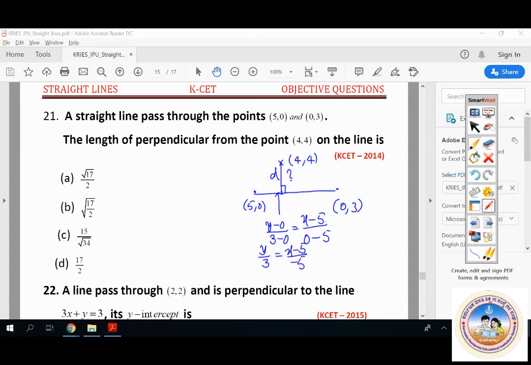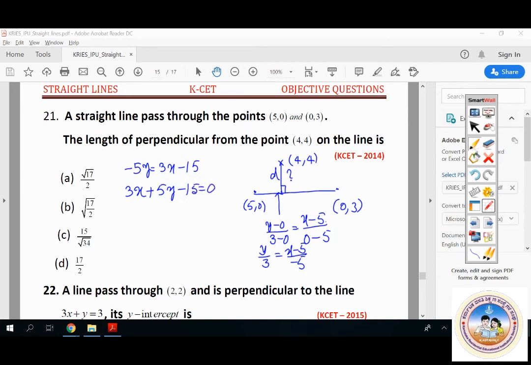On further simplification, minus 5y is equal to 3x minus 15. On further simplification, 3x plus 5y minus 15 is equal to 0.